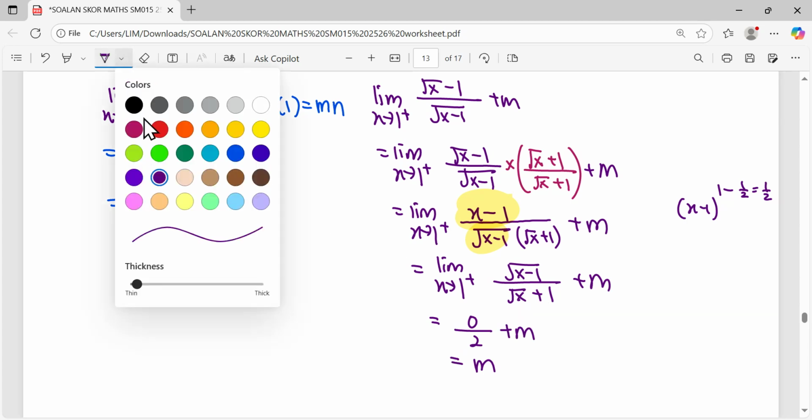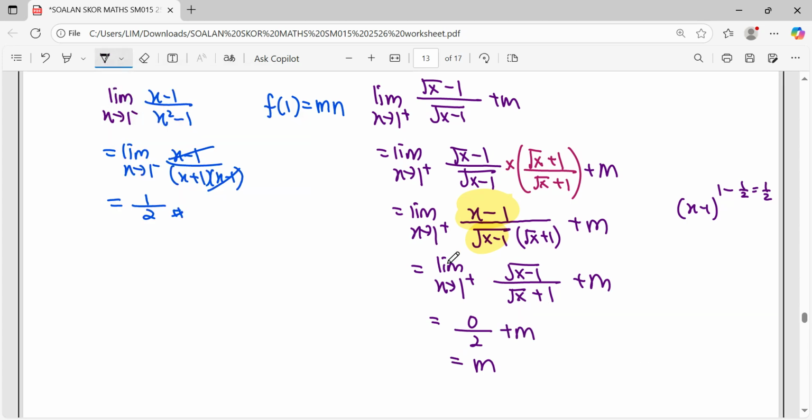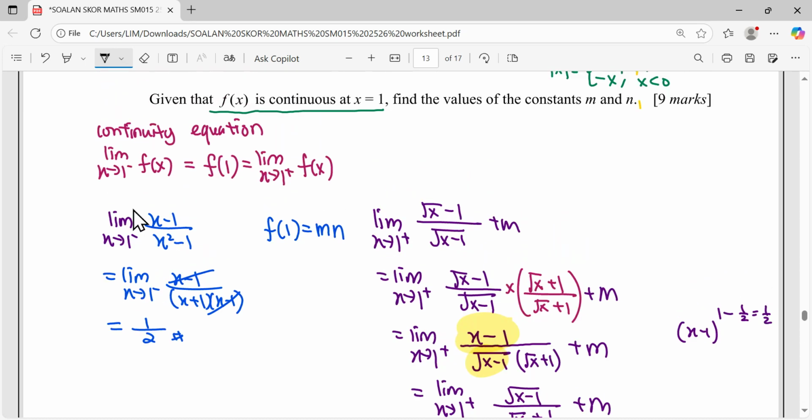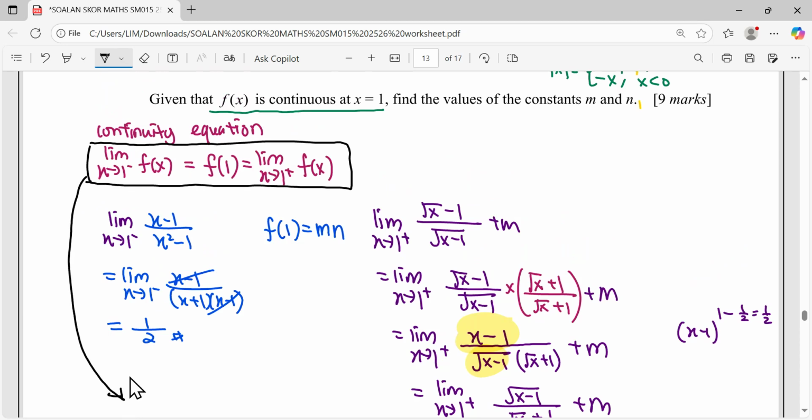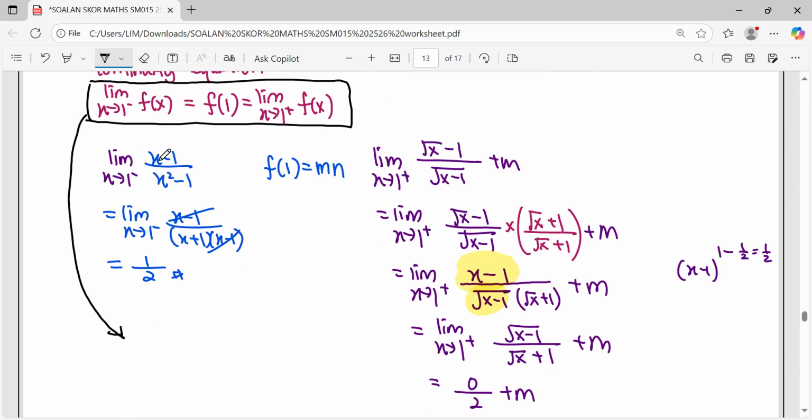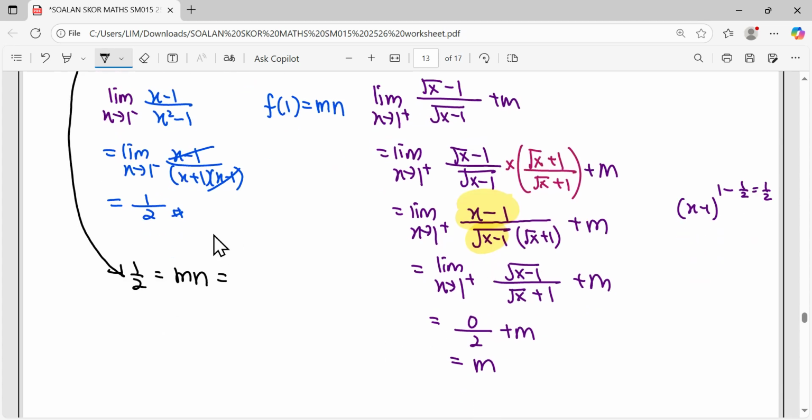So lastly, we apply back our equation of continuity. From here, I know that the limit from the left hand side is equal to 1 over 2. The point here is equal to mn. And the limit from the right hand side, my answer is equal to m.